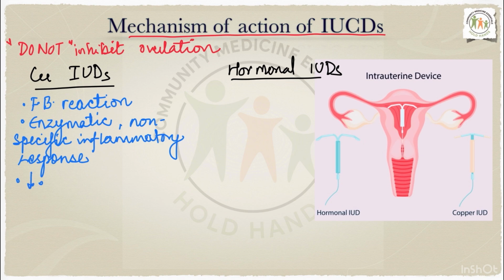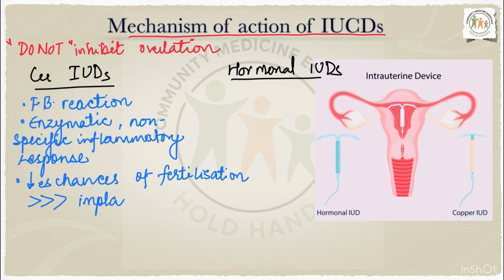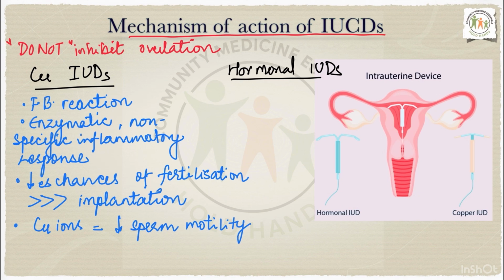As a result, it decreases the chances of fertilization much more than implantation. Another mechanism is role of copper ions. Copper ions decrease sperm motility.